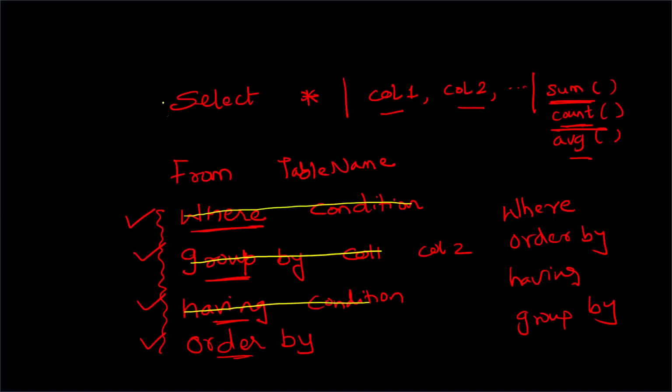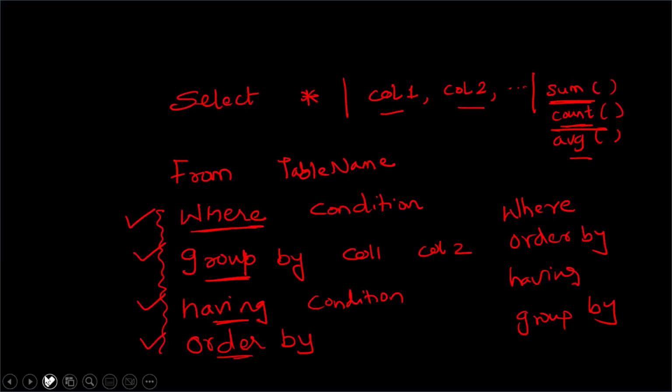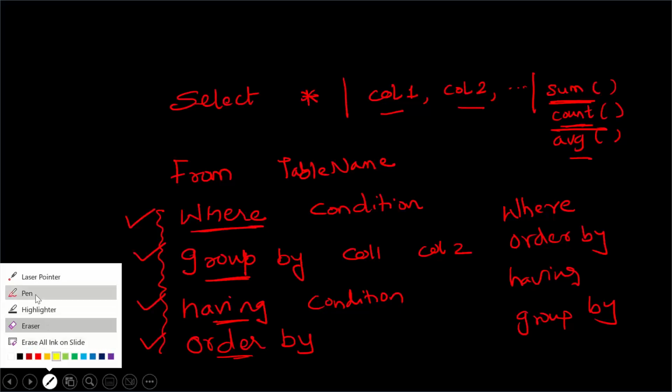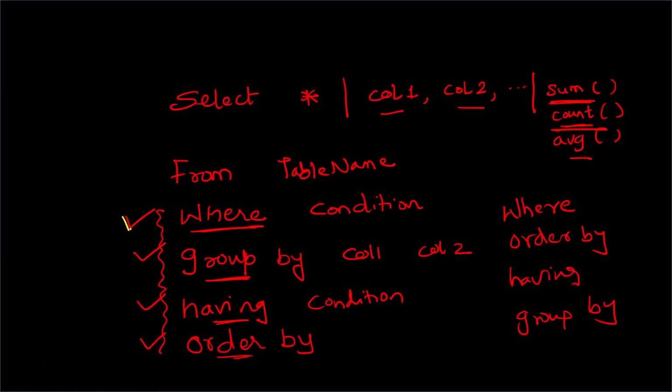You can have a query select star from table name, order by a specific column. You can write the syntax. But in case your query has where, group by, having, all of these, in that case the order has to be maintained. This is very important.